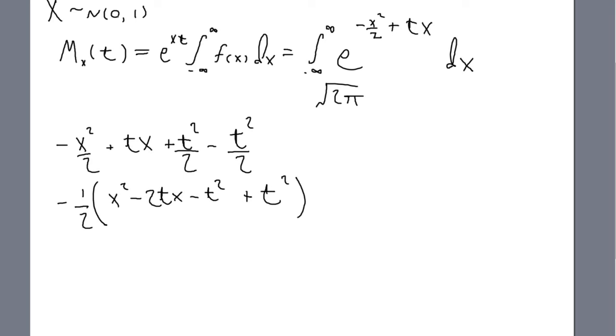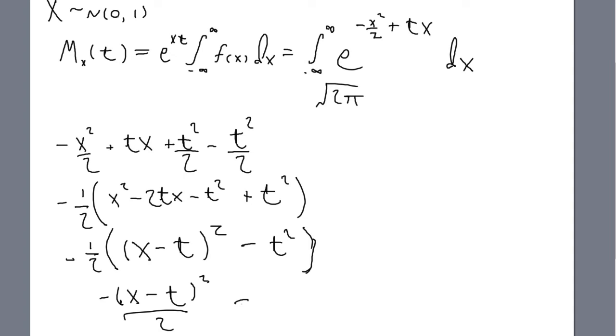Now you'll notice this part becomes minus t squared, right? Because this resolves to x squared minus 2tx plus t squared. And so this is what we get. Now we distribute the negative 1/2, and what do we get? Plus t squared over 2. So this is our result.